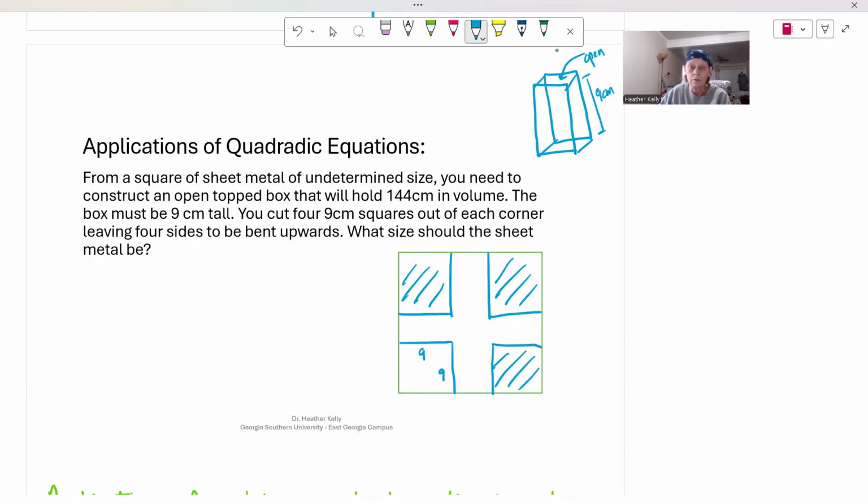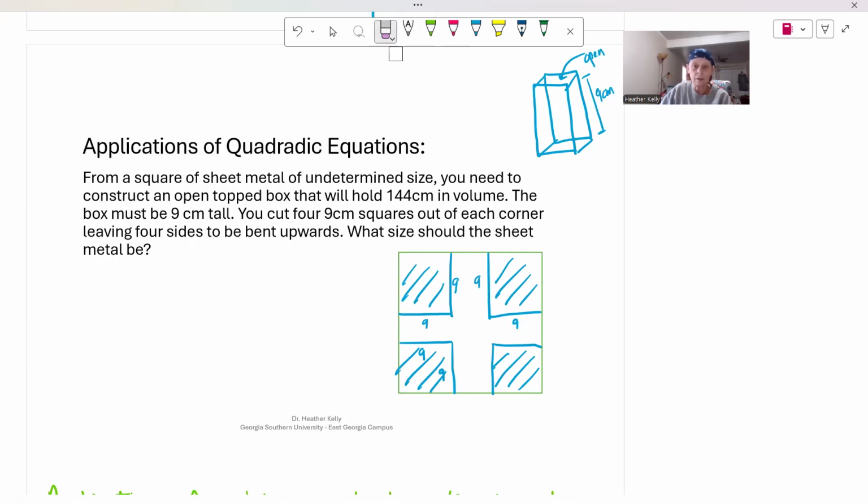We'll cut them all out. So this is 9 inches and this is 9 inches. Every side here is 9 inches. The question is, what's this?